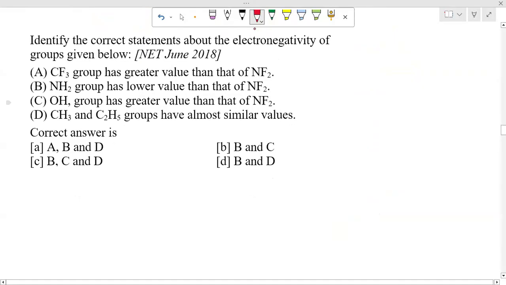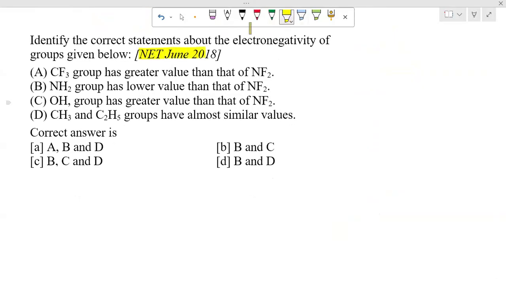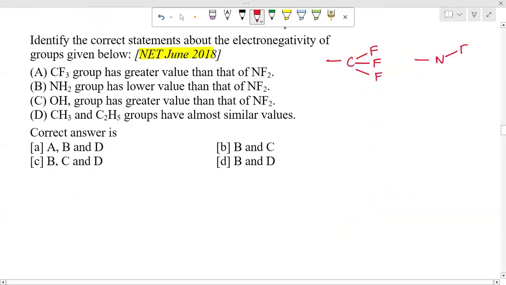Beautiful question asked in June 2018. Identify the correct statements about the electronegativity of groups given below. The first one is CF3 and NF2. CF3, as we know, is sp3 hybridized carbon and NF2 is sp3 hybridized nitrogen.